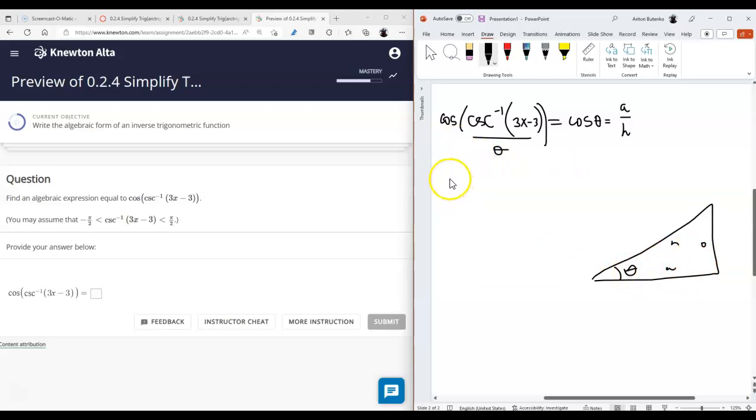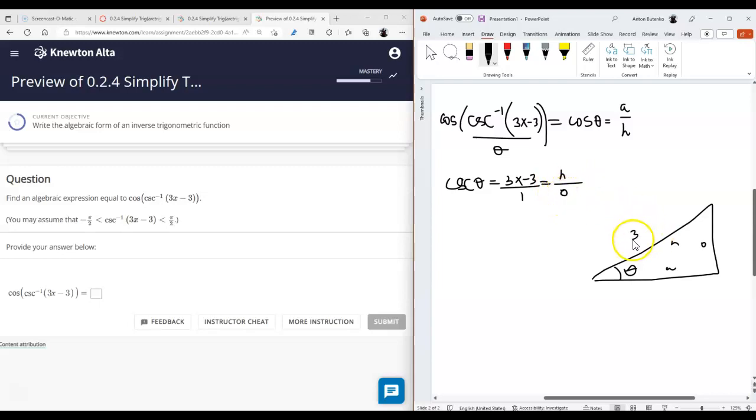And now we're going to use the fact that cosecant theta is equal to 3x minus 3. We're going to turn it into a fraction and use the fact that cosecant is hypotenuse over opposite.